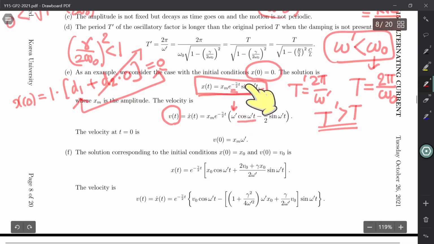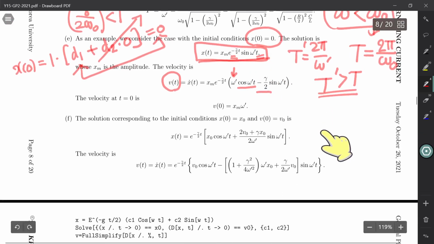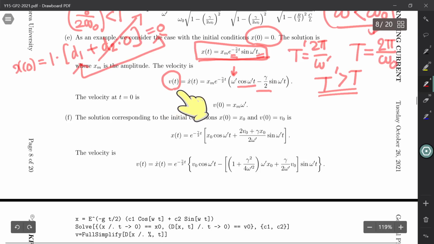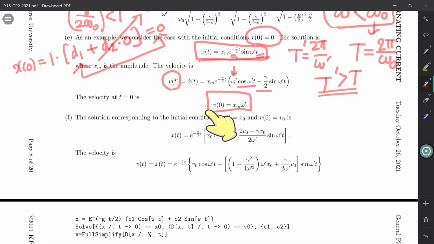If we take the derivative of the exponential function, we have minus gamma over 2 and the sine is invariant. Therefore, if we substitute t equals 0 in this expression, then the velocity at t equals 0 is xm times omega prime.